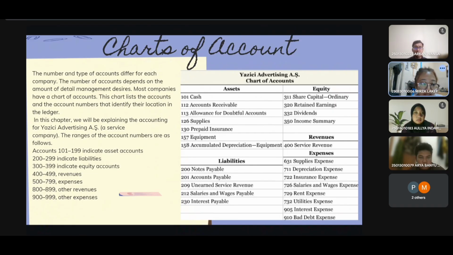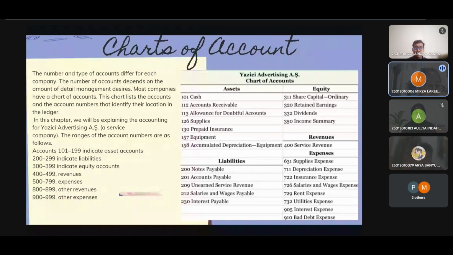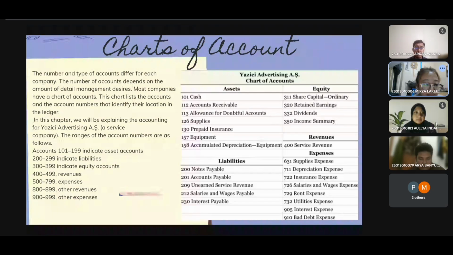The asset starts with number 1, and then number 2 for the liabilities, number 3 equities, number 4 for the revenue, and expenses start with number 5 until number 7, and then the last number is number 9, but also in expenses because it represents other expenses.